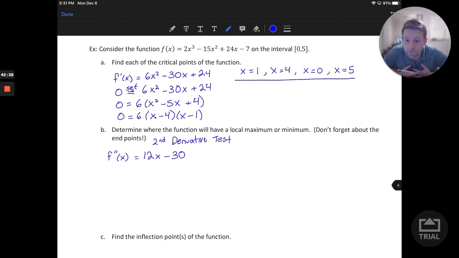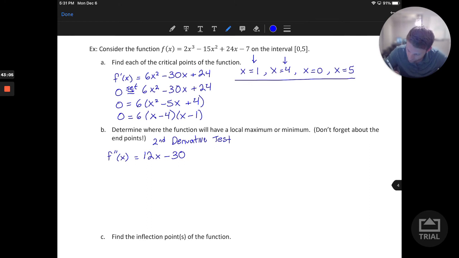And now that I have that second derivative, all I'm going to do is test these values, really the 2 values in the middle, to consider whether we're going to be concave up or concave down at those interior critical points, the -1 and the 4.